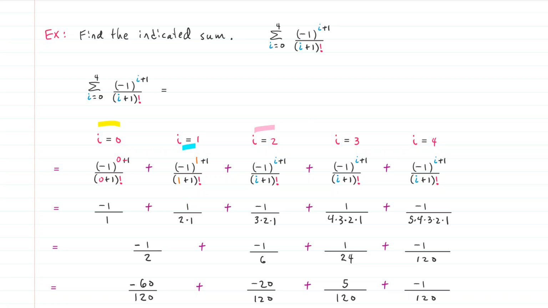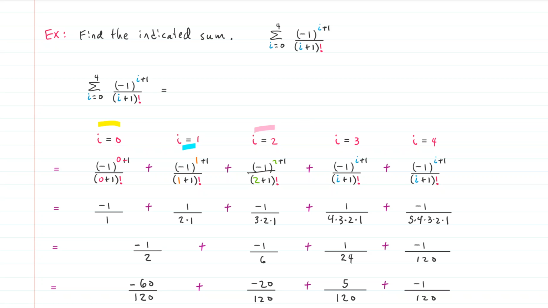Now when i equals 2, I can replace the i again with 2. So I have a 2 in both of those places. So I have negative 1 to the 2 plus 1. That's negative 1 to the third power.